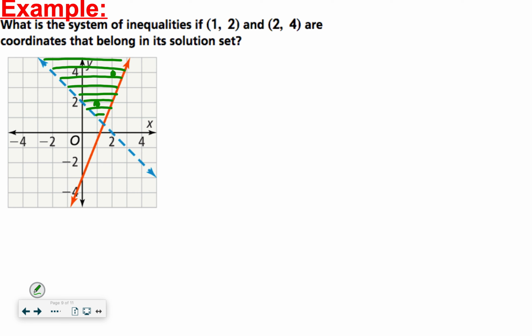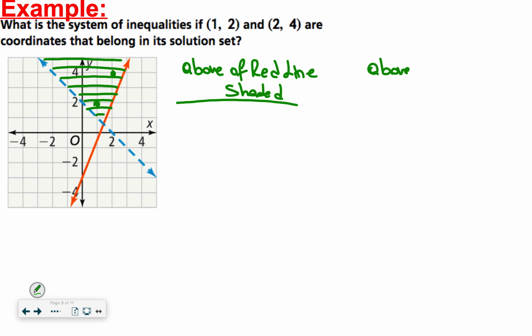When you look over here, the left side of the red line, which is above the red line, is shaded. When you look at the blue line, the right side, which is above as well, above the blue line, is shaded as well.